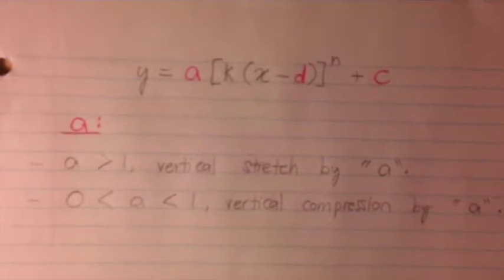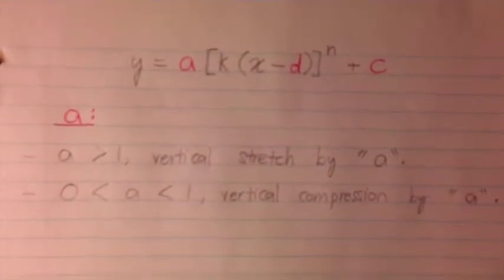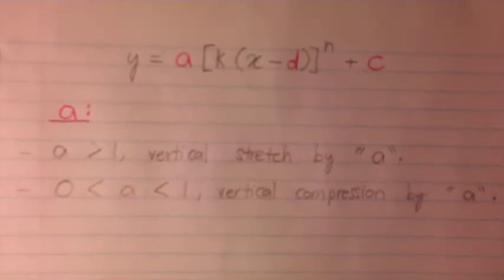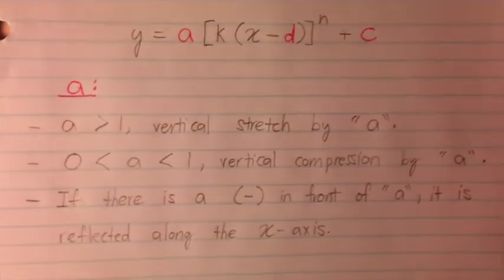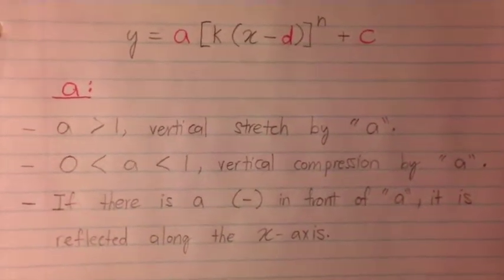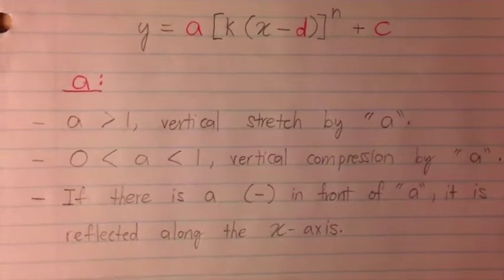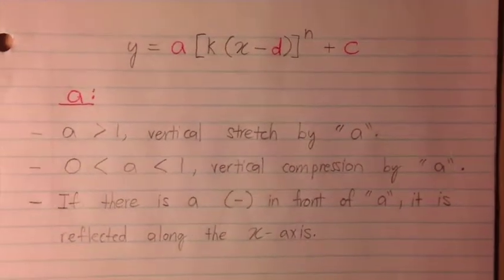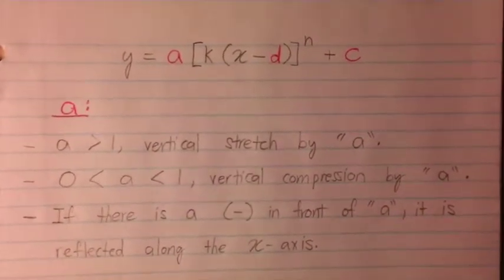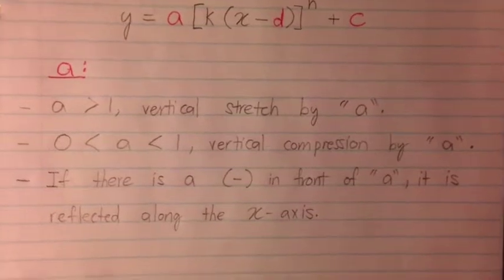When A is greater than 1, there is a vertical stretch by a factor of A. And when A is greater than 0 but less than 1, there is a vertical compression by A. If there is a minus sign in front of the A, it has been reflected along the x-axis, but it will still be either stretched or compressed vertically by A.